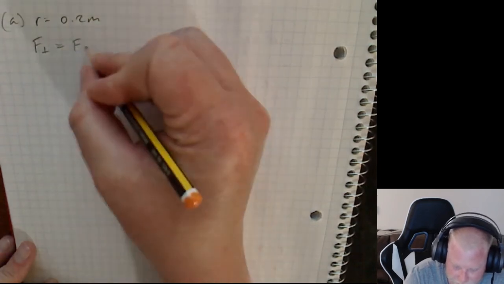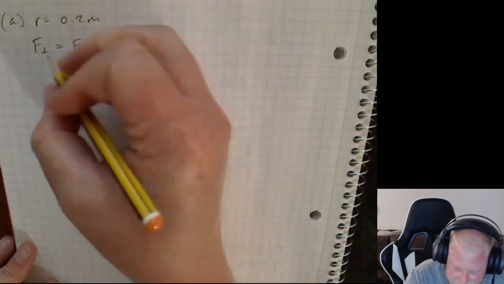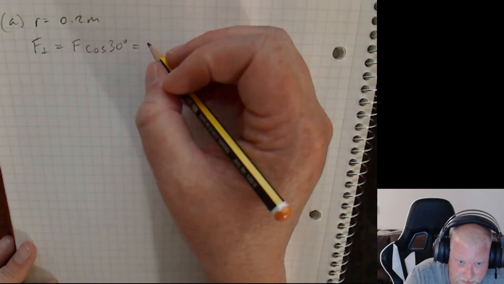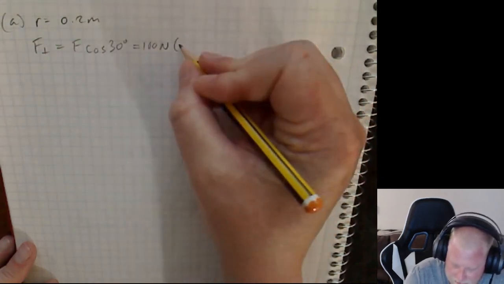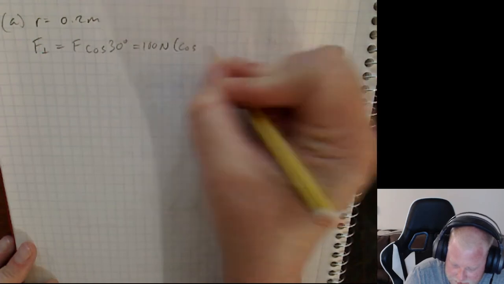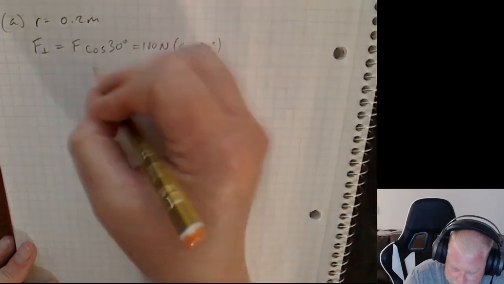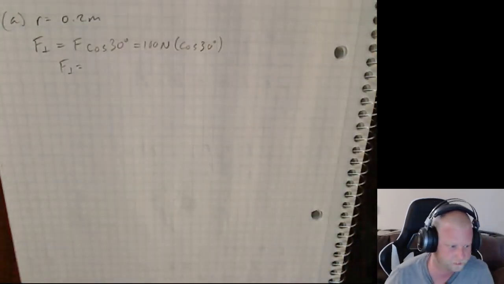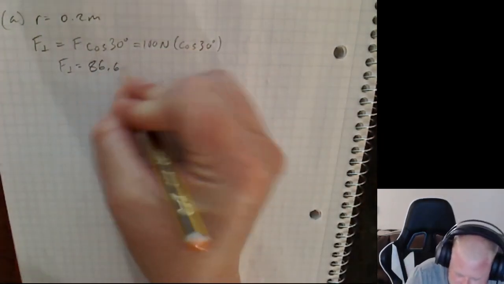That would be equal to the force times the cosine of 30 degrees in this case, which is 100 newtons times cosine of 30 degrees. So our perpendicular force comes out to 86.6 newtons.